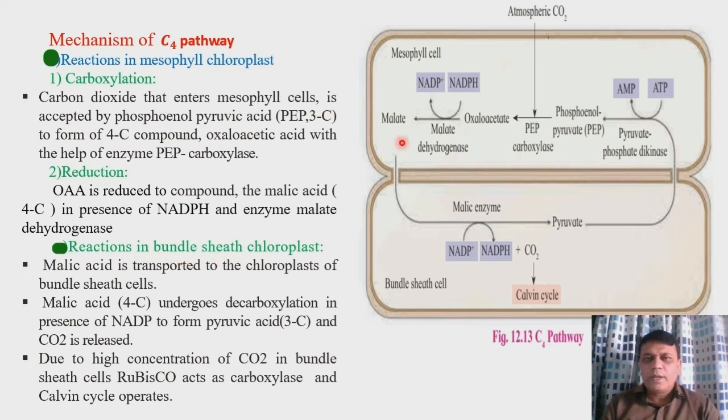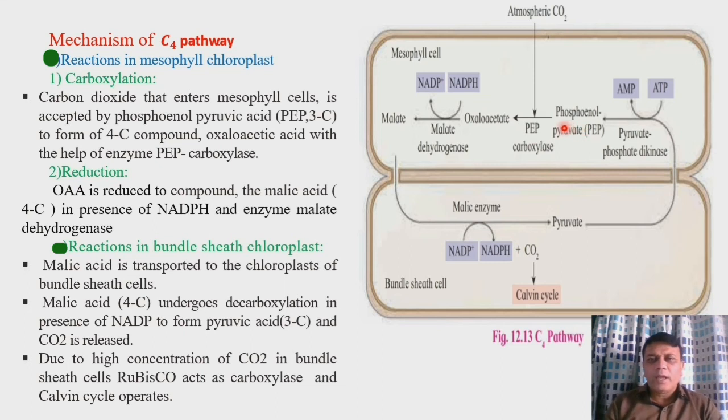Now here we can see the mechanism of C4 pathway. Now initially the atmospheric carbon dioxide enters the mesophyll cells, and it is accepted by a substance called as phosphoenol pyruvate, or phosphoenol pyruvic acid, and it contains 3 carbon atoms.